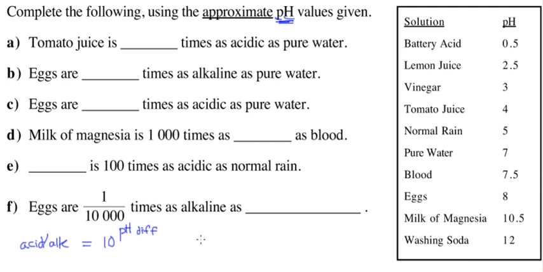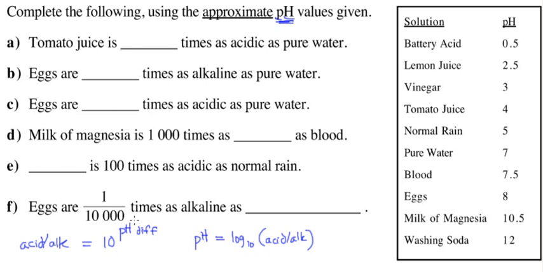Or, working back the other way, the pH difference is log base 10 of the acid or alkaline difference. So this should look pretty similar to the other ones that you've seen. You've got something that you're measuring. It used to be earthquake amplitude or sound loudness. Now it's acidity or alkalinity. And it's 10 to the power of how different two things are on the scale.